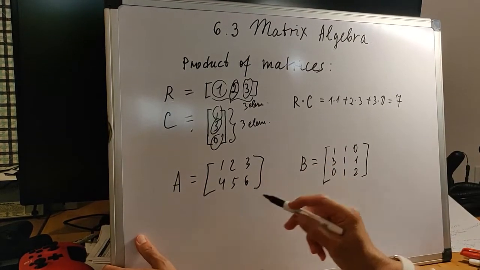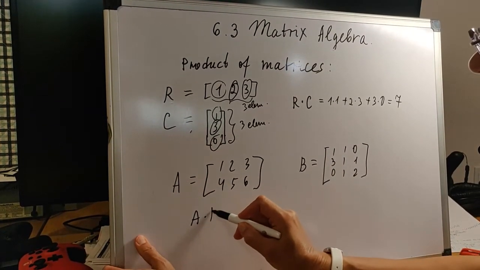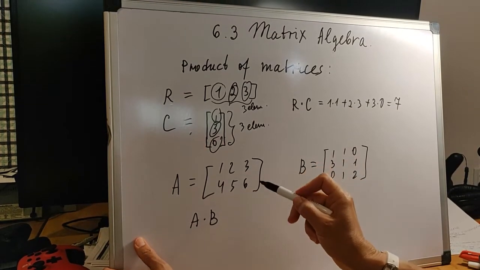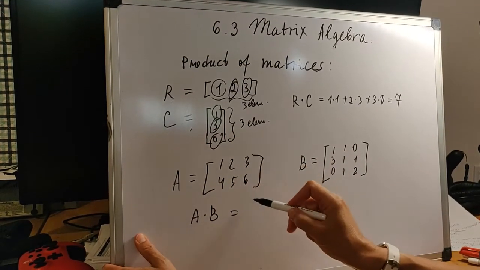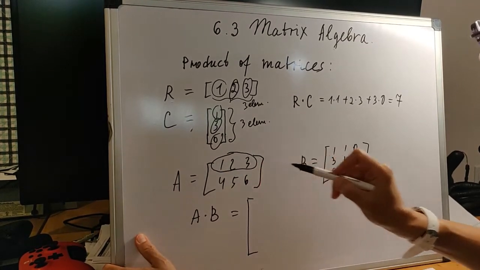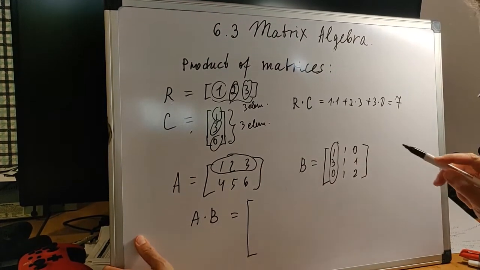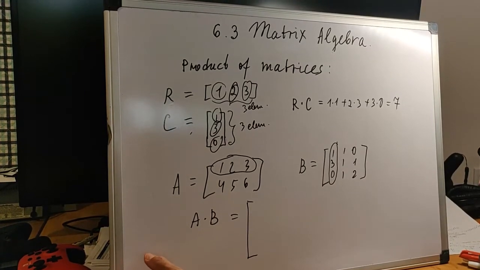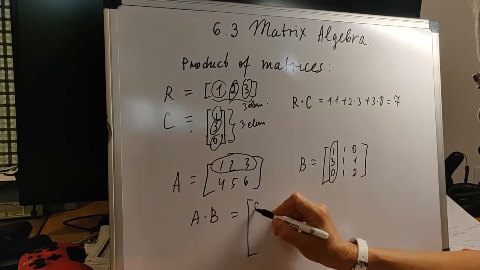So I'm going to multiply these two matrices using the next rule. For the first element of the matrix, I'm going to multiply the first row and the first column. It's going to produce element C11.